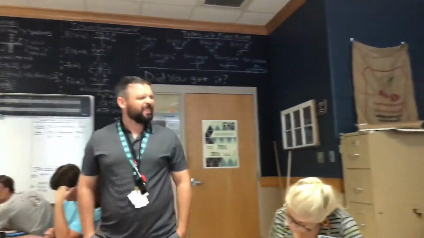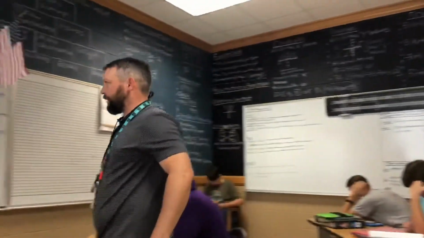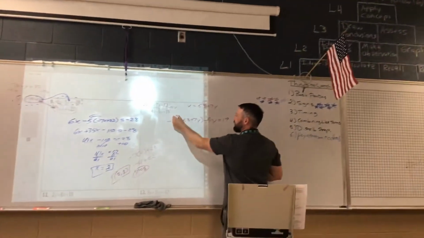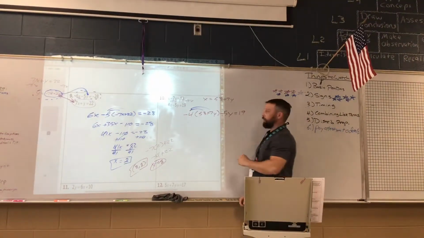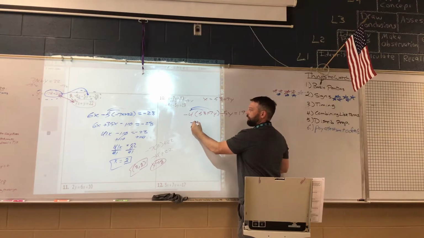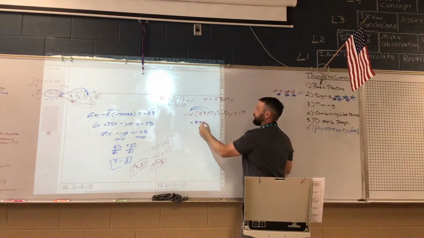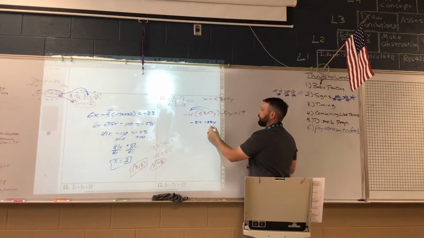Why did you get negative 7? I think that's it, but I've had so many problems going through my head today. I could have missed something. So you distributed, maybe negative 212. 212, yeah. Minus negative 28. No, minus 28.